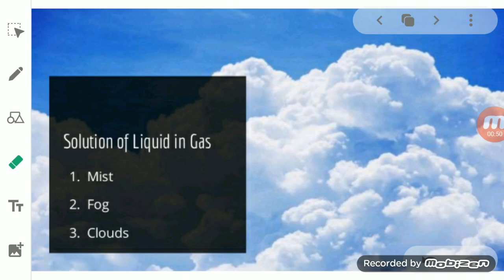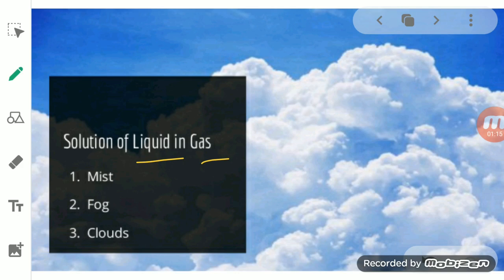So right now we have studied a gas in a liquid, a solution in which gas is acting as a solute and the liquid is a solvent. So gas is dissolved in a liquid. Here it is just opposite, in which liquid is acting as a solute and the gas is acting as a solvent.